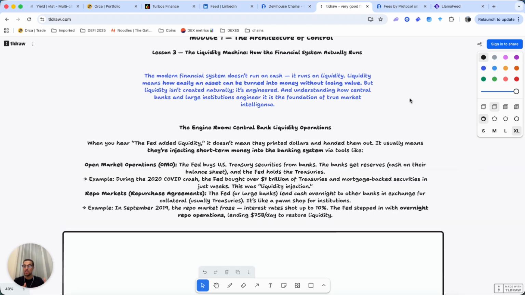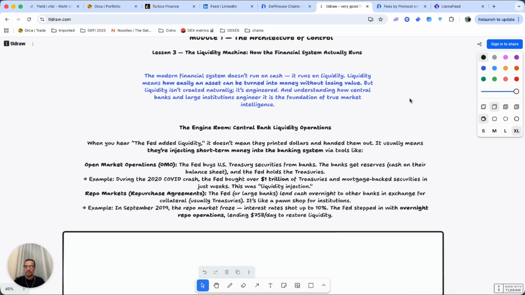So the engine room, central bank liquidity operations. When you hear sayings from media, from Bloomberg, CNN, Wall Street, all of that stuff, that the Fed added liquidity, it doesn't mean they printed more money and handed that money out.